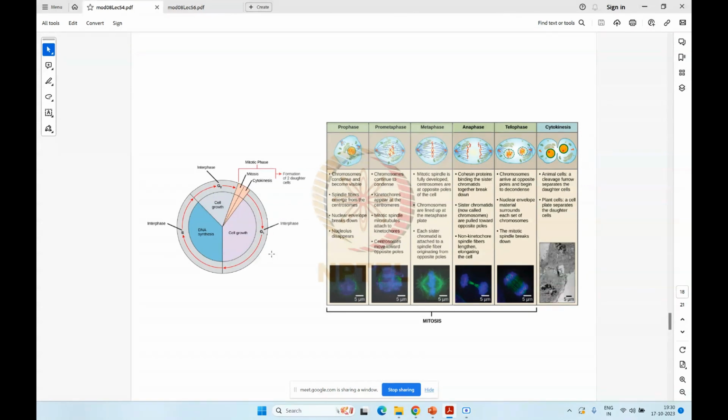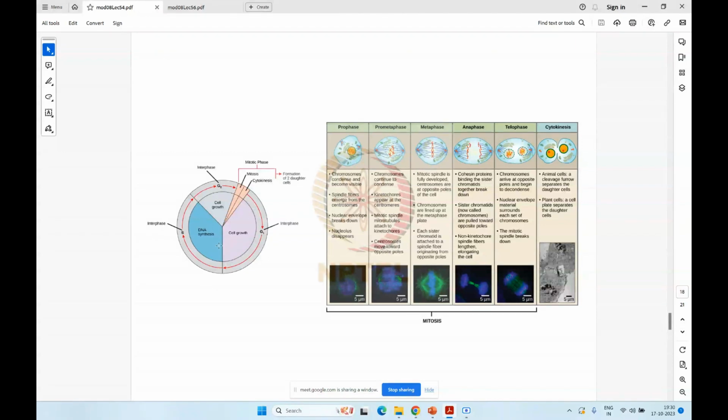But anyways, the cell cycle, so to speak, has been divided into four major portions. There is the mitosis or M phase, and there is the interphase, which is basically the phase where the cell grows and accumulates stuff for it to be able to divide in the next cycle.